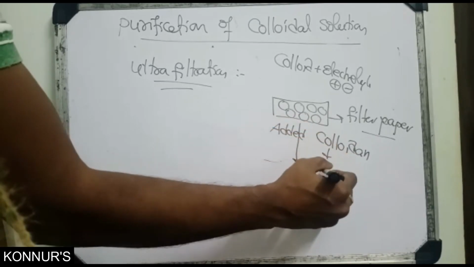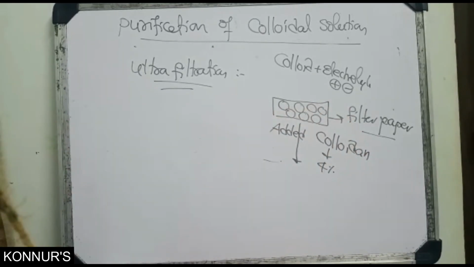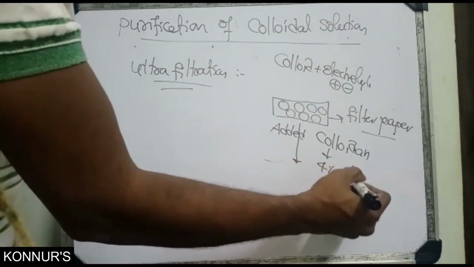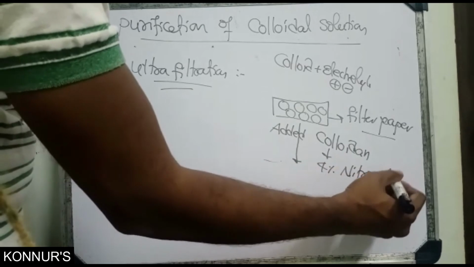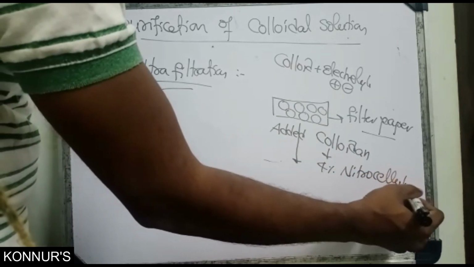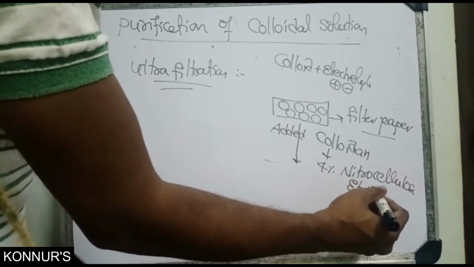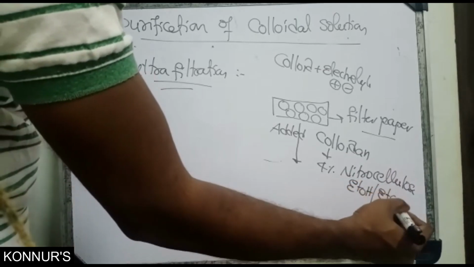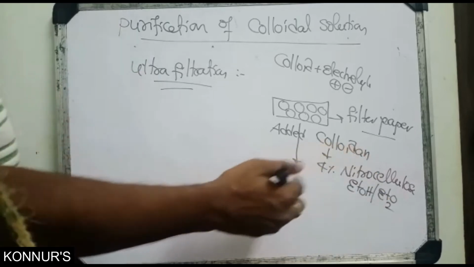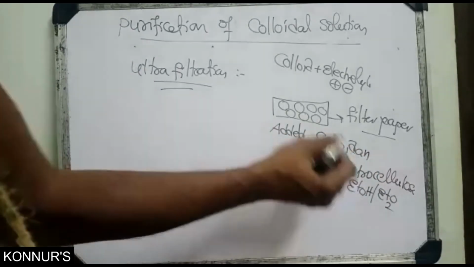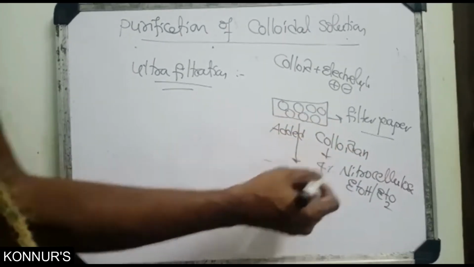It is 4% nitrocellulose, with the solvent mixed with ethyl alcohol, otherwise diethyl ether. That mixed solution is poured onto the filter paper.